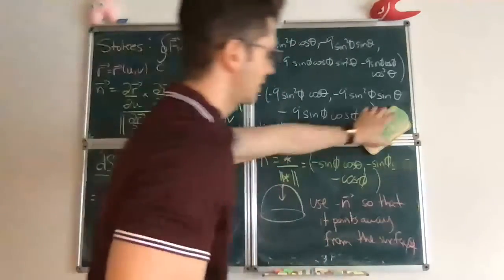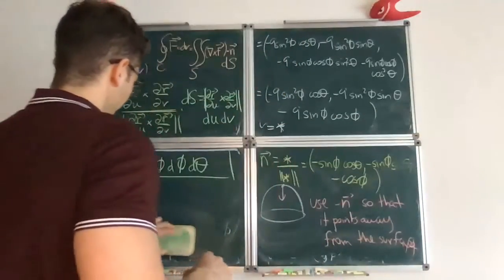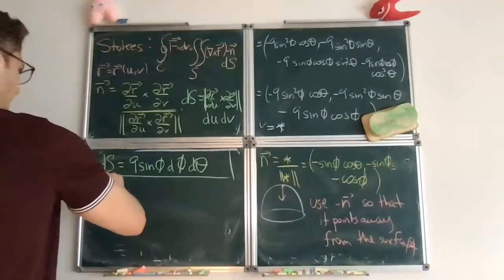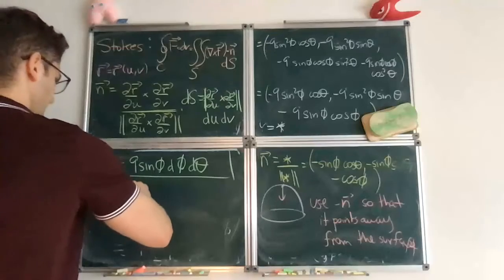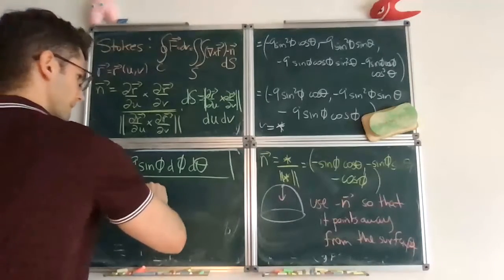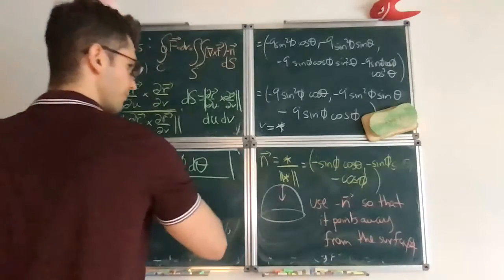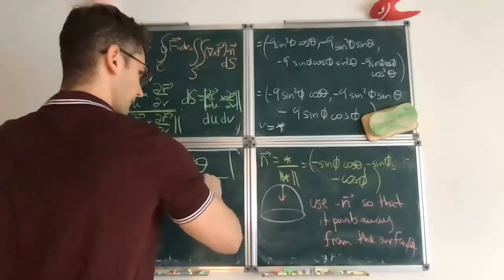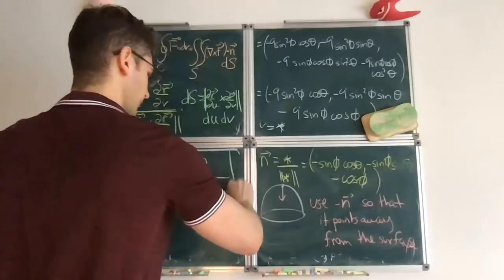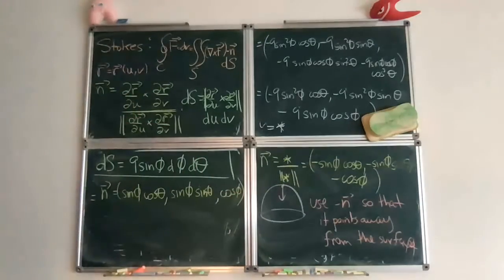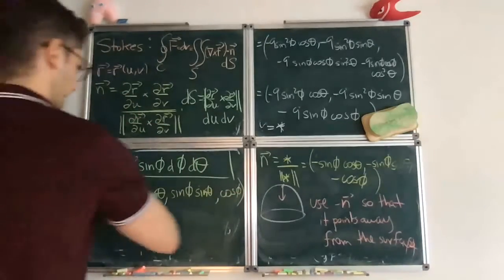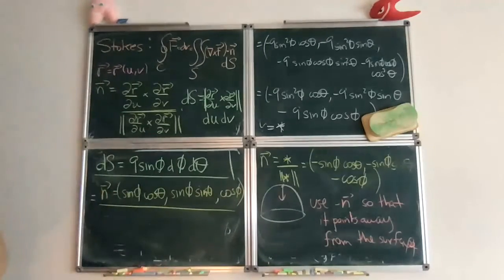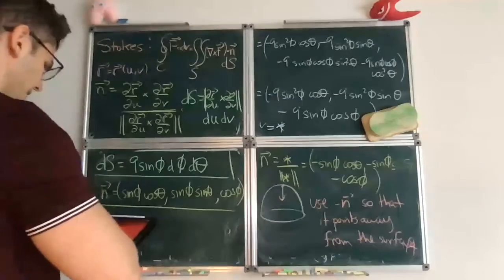But I'll tell you which one to use, so you don't have to worry too much about it. We're almost there, but again, notice that this is a complicated example.